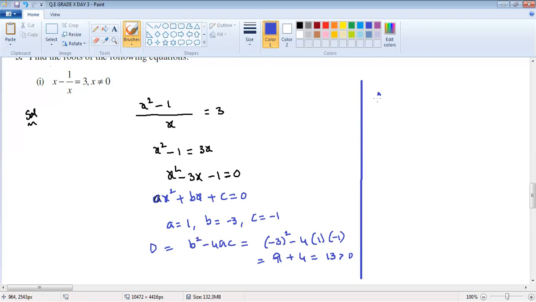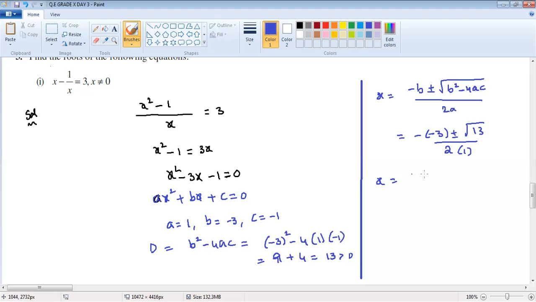Then x is equal to minus b plus or minus root of b square minus 4ac divided by 2a. So what is minus b? Minus of minus 3 plus or minus root 13 by 2 into a, which is 1. Got it? Yes, sir.